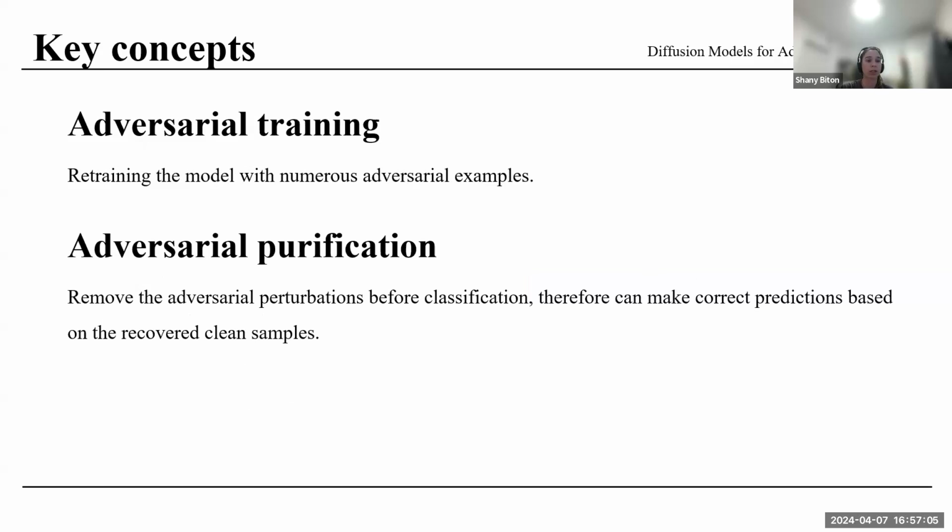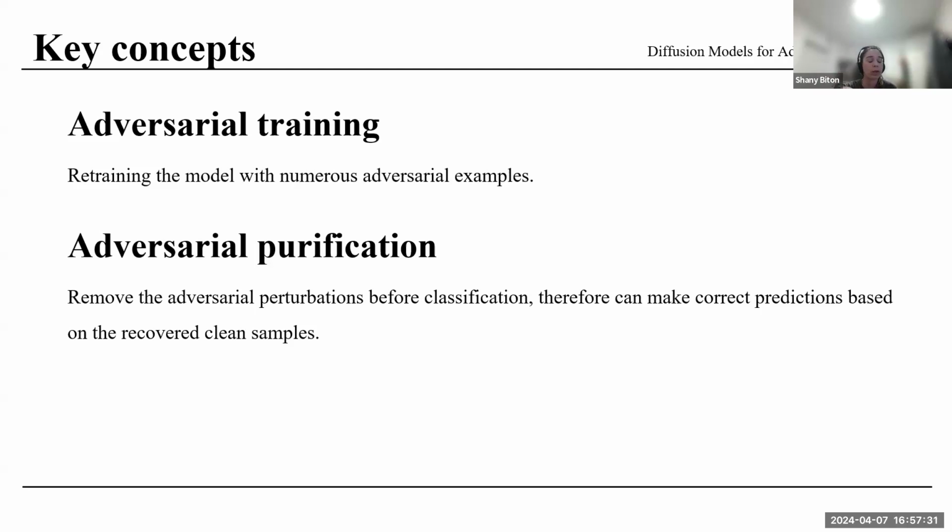However, one limitation is that it generalizes very poorly to unseen attacks. The second method is adversarial purification, a cutting-edge technique which refers to the process of using generative models to clean the input data prior to feeding it into the classifier.